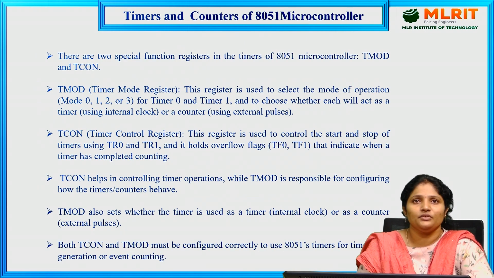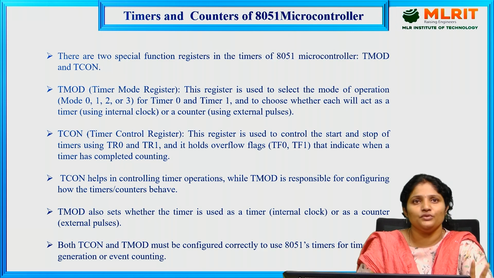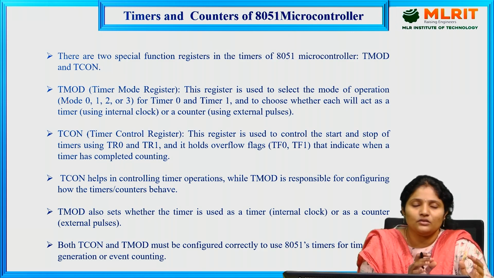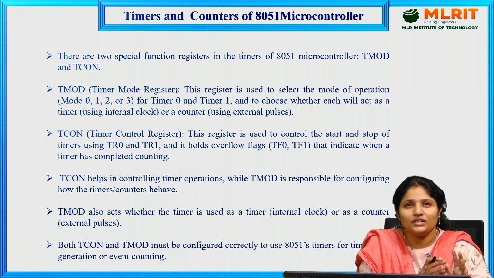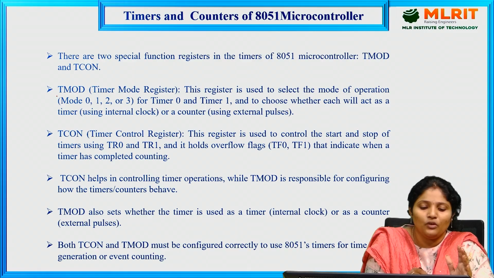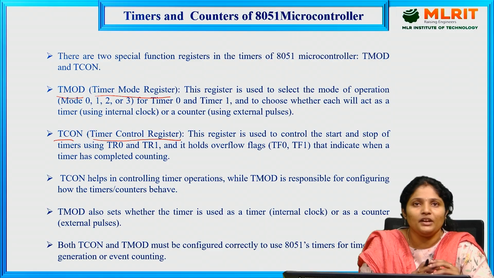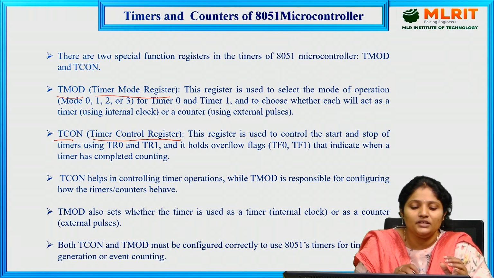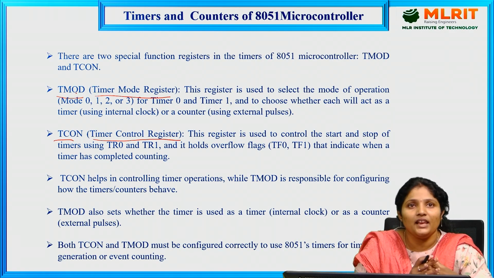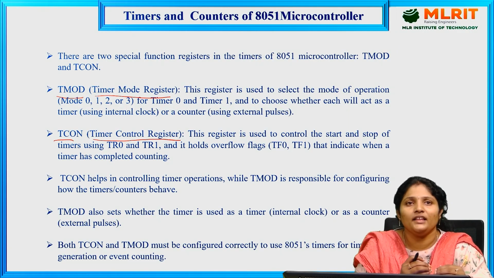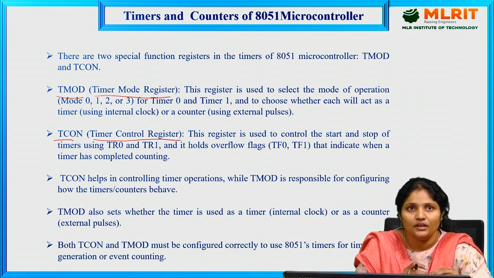Coming to the next one, here we have two special registers. The first is the TMOD register, also known as the timer mode register. The second one is the TCON register, the timer control register. In the TMOD register, we can set which timer is going to act, either timer or counter; you can select only a single operation at a time.